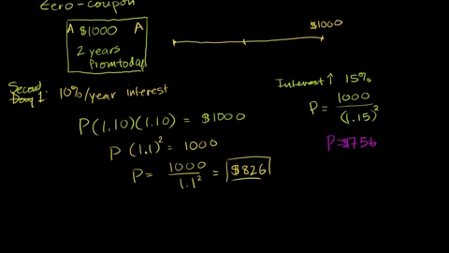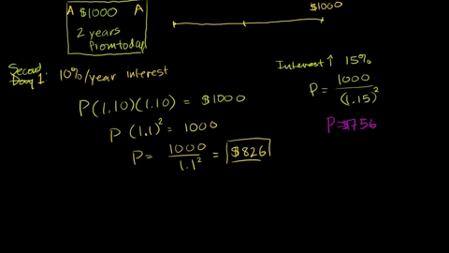Now, just to finish up the argument, what happens if interest rates go down? So if, let's say, the expected interest rate on this type of risk goes down, and let's say it's now 5%. What is someone willing to pay for this zero coupon bond? Well, if you compound it 2 years by 1.05, that should be equal to 1,000, so the price is equal to 1,000 divided by 2 years of compounding at 5%.